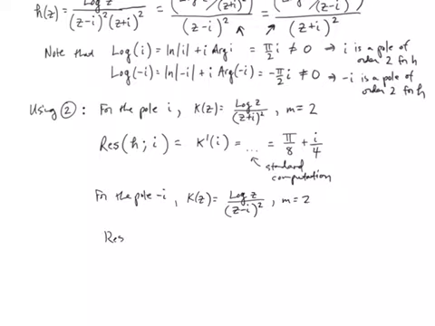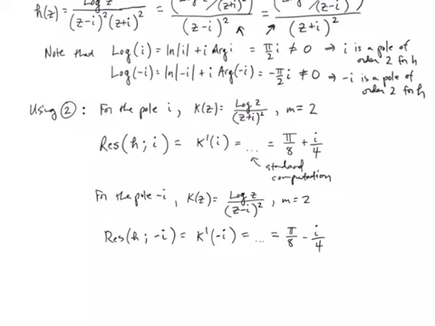And so by method 2, our residue at negative i is the m minus first derivative over m minus 1 factorial, evaluated at that point. And again, after some computation, you get pi over 8, and this time it's minus i over 4.